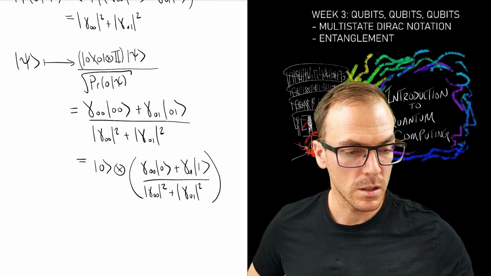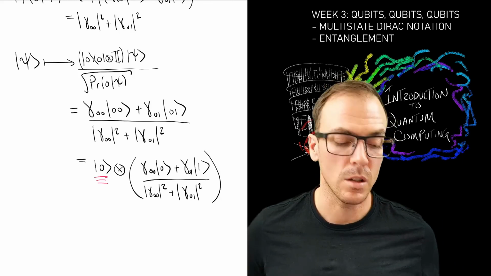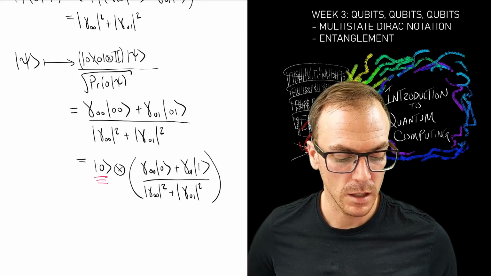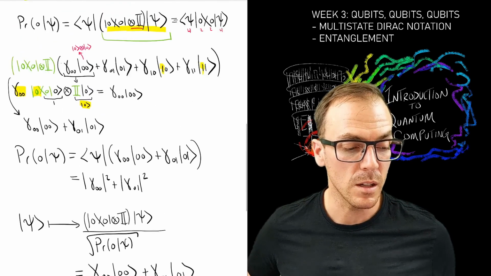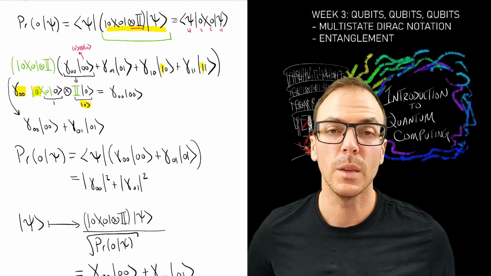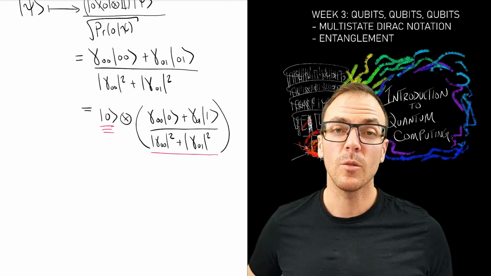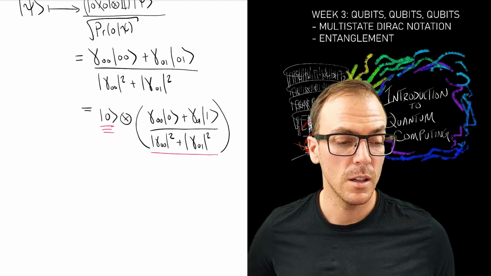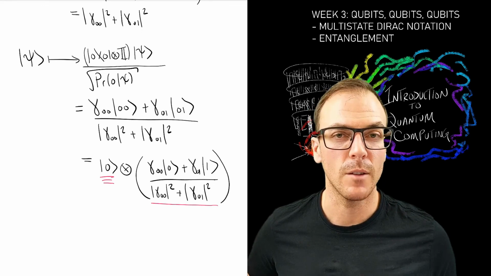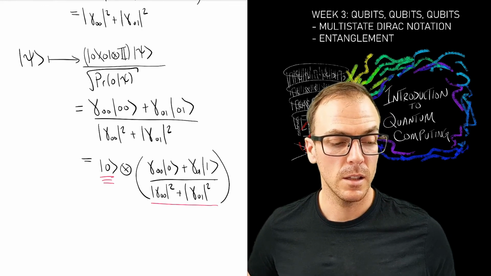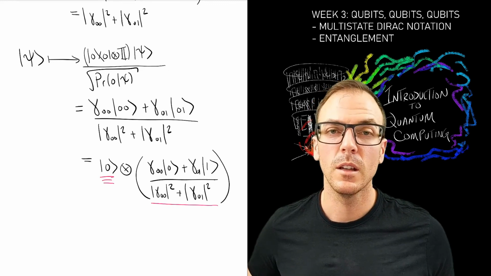Okay, so this is the state of the first qubit, which makes sense because we measured just that qubit and observed 0. And the state of the second qubit is left in, well, what's consistent with seeing 0 from the original vector. Okay, so that's the general calculation. Probably one of the longer ones that you might have to do if you're using these tensor products in Dirac notation for 2 qubits.